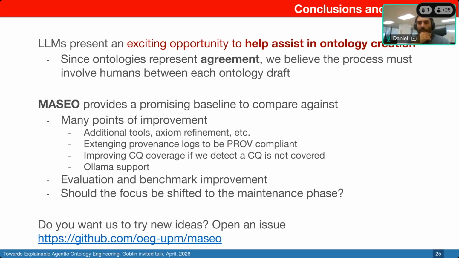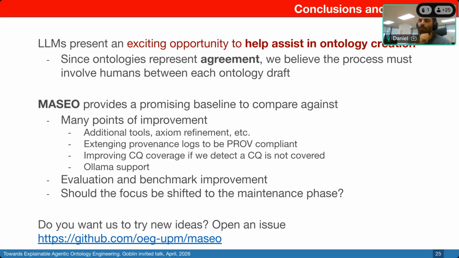So with this talk, I think I have convinced you or produced some excitement in how LLMs can be used to create or assist in ontology creation, and how this framework provides a promising baseline to compare against. We actually created it in the scope of another project, which is to evaluate this type of activities.